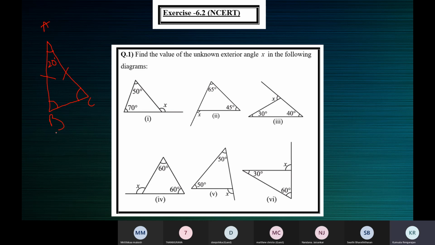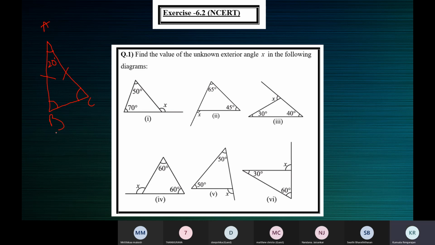Anugraha, I missed your name last time when we were discussing. Yes, Anugraha, are you there? Anugraha? Okay.